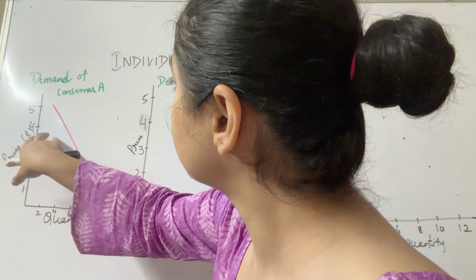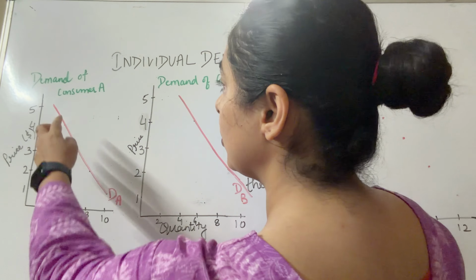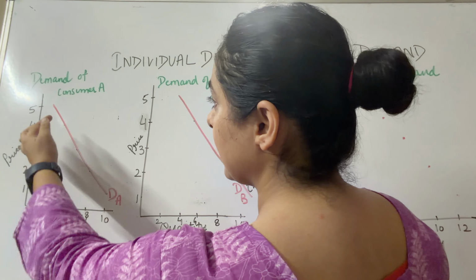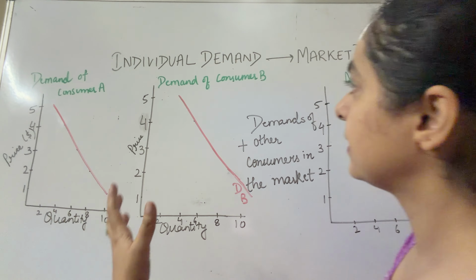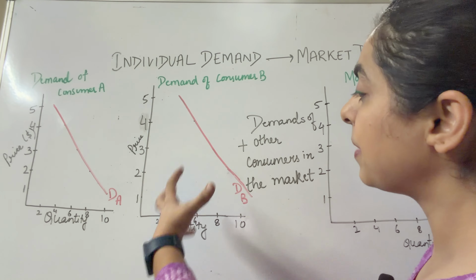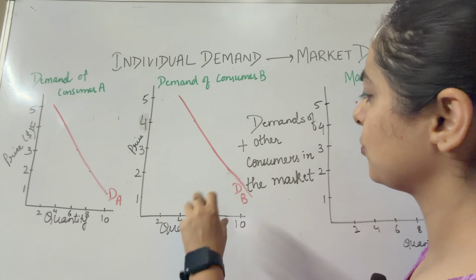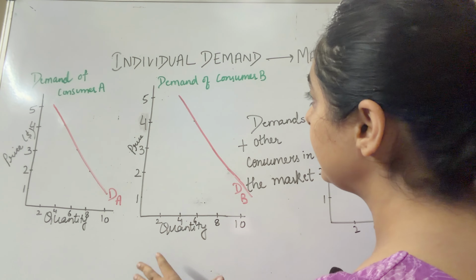So as we can see here, at a price of 5, the consumer consumes only 2 units, and at a price of 4, the consumer consumes 4 units, and so on. And this is the demand curve for consumer B. The consumption, or basically the demand of this commodity, let's say this is any XYZ good, of consumer B is different.